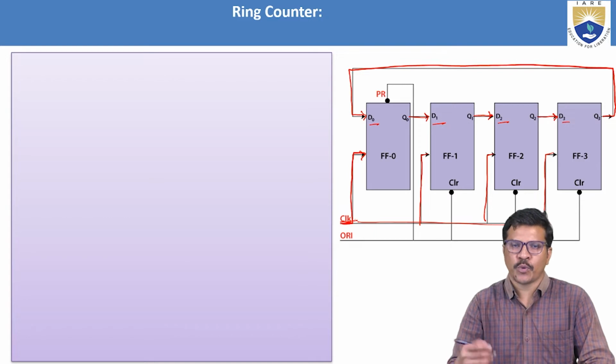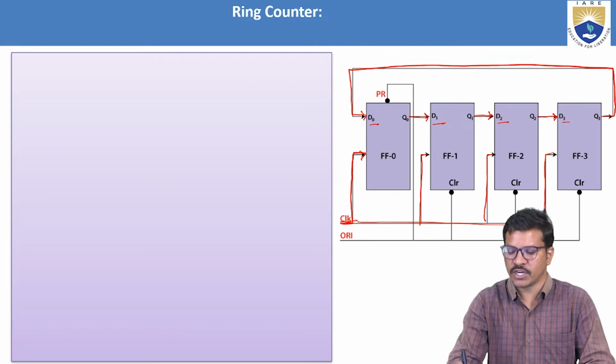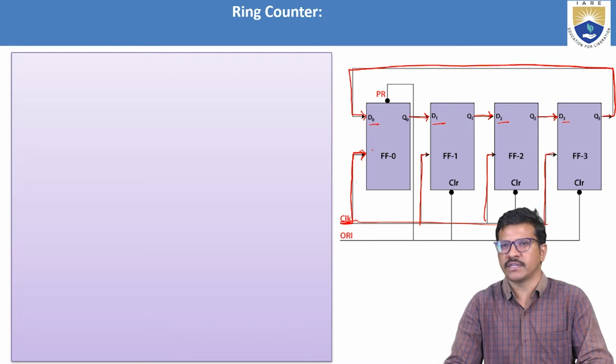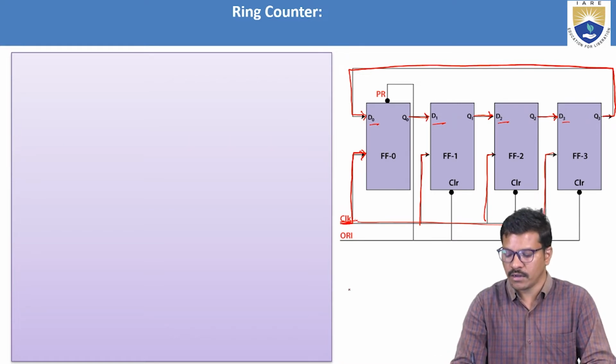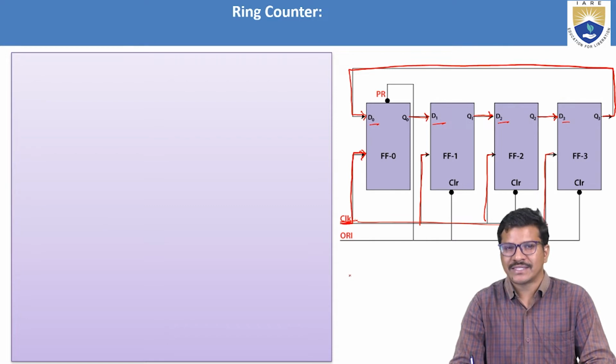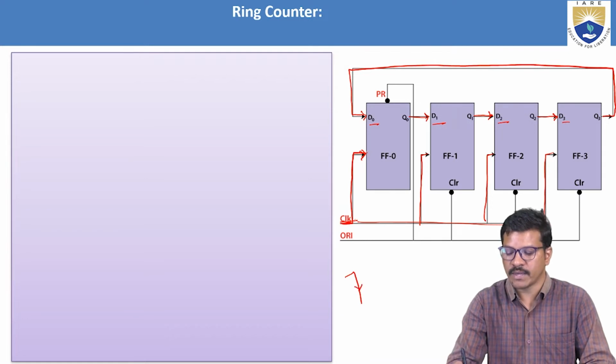It is our wish to provide this positive edge clock or negative edge clock. If it is positive edge clock, we can represent it with the normal representation. If we require negative edge clock, whenever the event needs to change from 1 to 0, we need to provide some bubble.